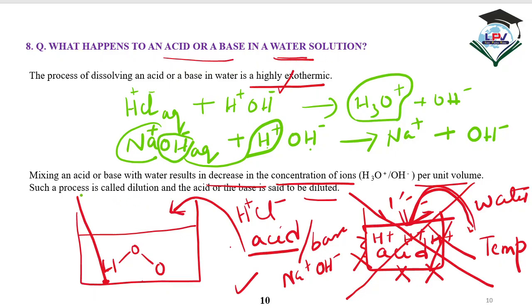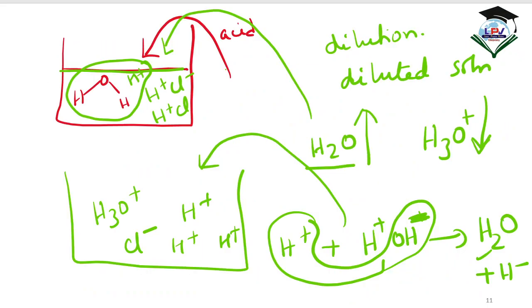This process of mixing water results in a decrease in the concentration of the ions. In the case of a base, it is the OH minus ion. For a base, the same thing happens.